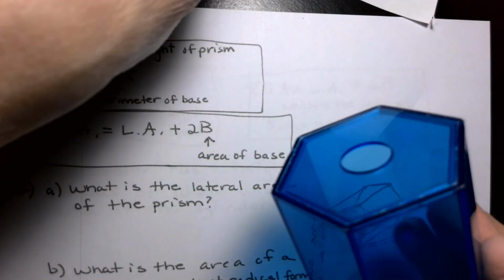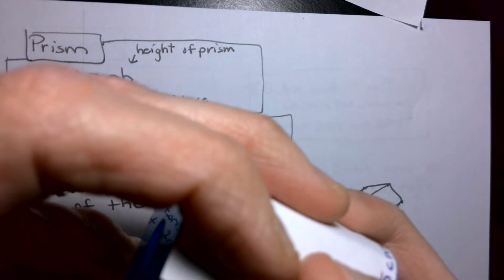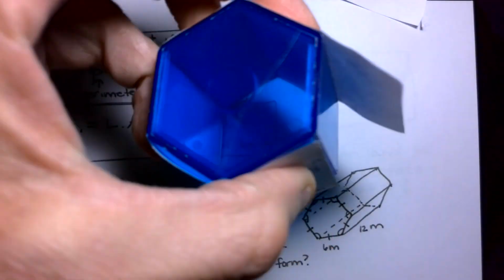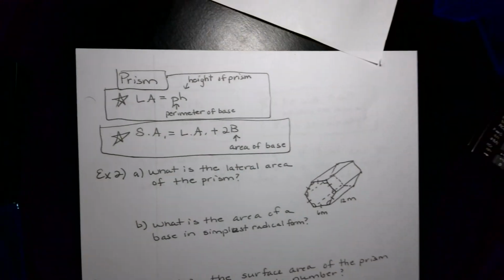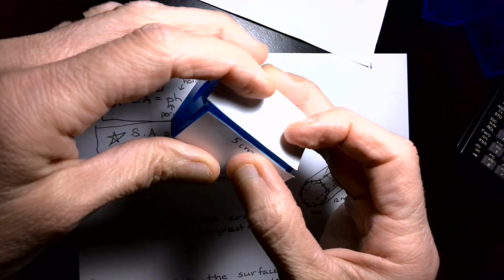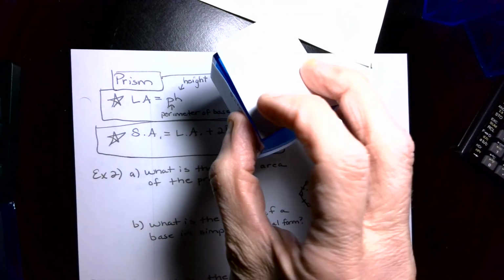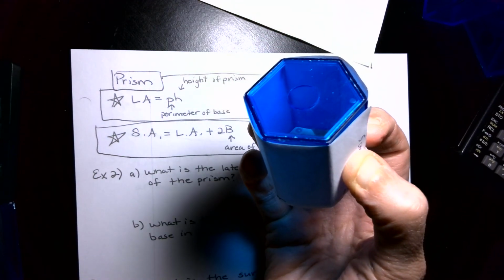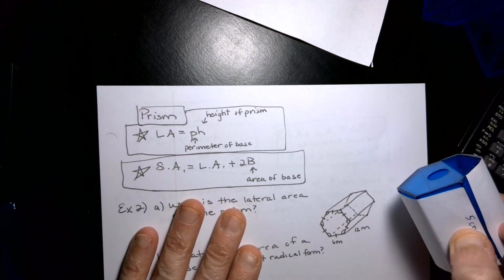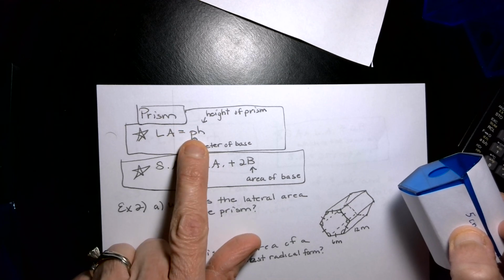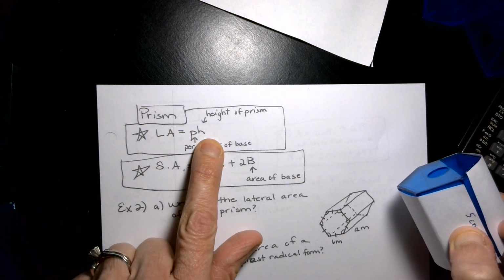When you take, I had this piece of paper here just to show you visually this. I looked up this. This is the lateral area, that paper, right? The outside, everything but the bases. So when you look at the lateral area formula, it's the perimeter times the height.